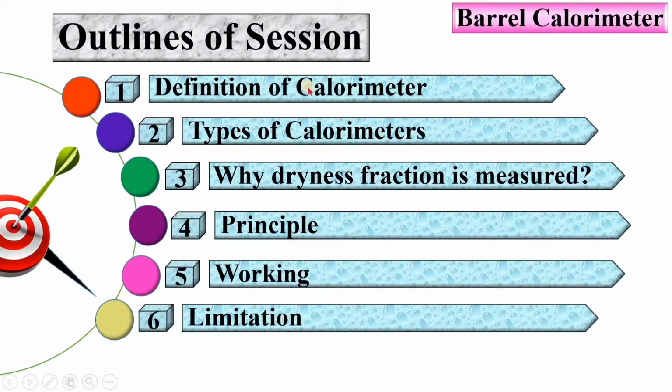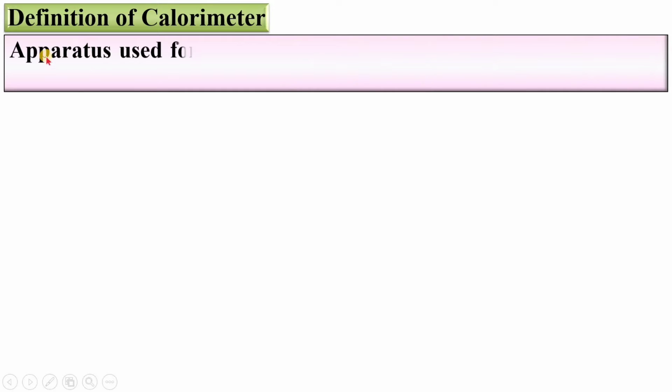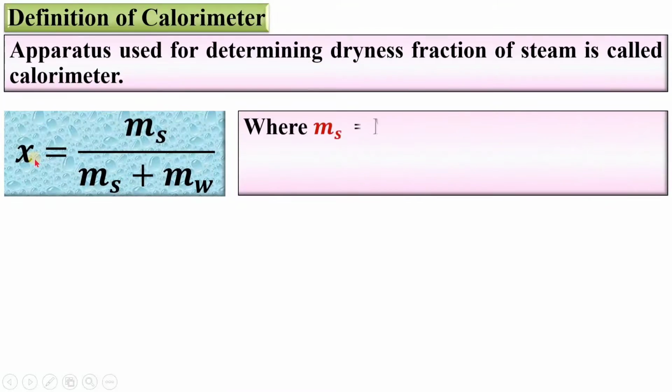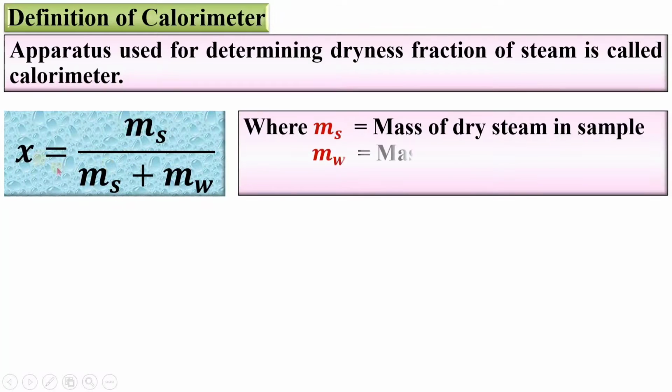So let's see the first one, definition of calorimeter. Apparatus, or you can say device, used for determining dryness fraction of steam is called as calorimeter. So very simple, it is a device to determine dryness fraction of steam. And this is the fundamental formula for the dryness fraction of the steam.